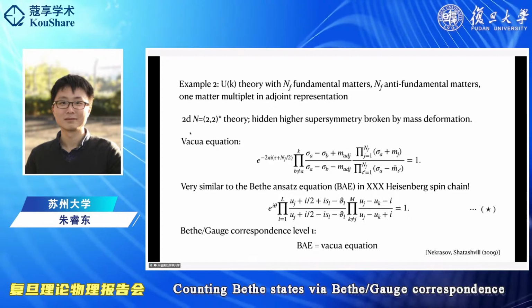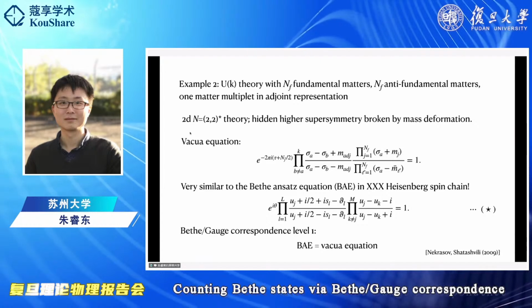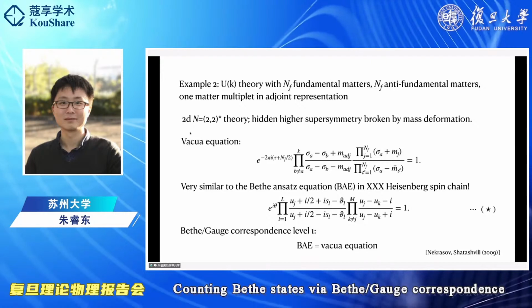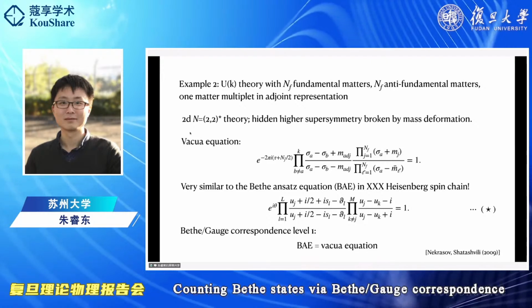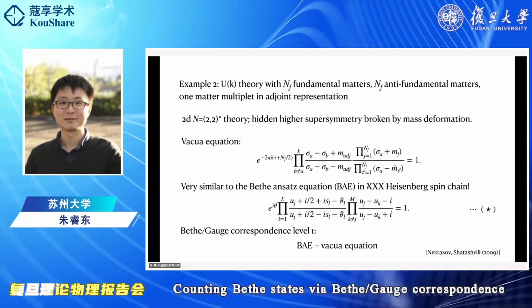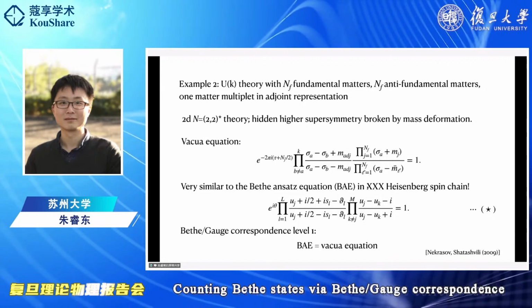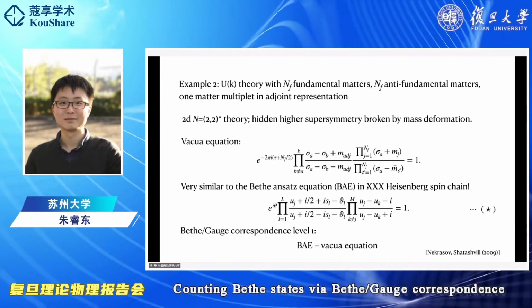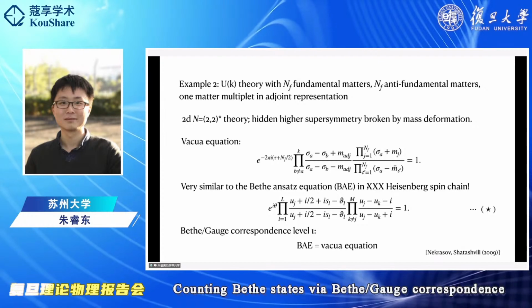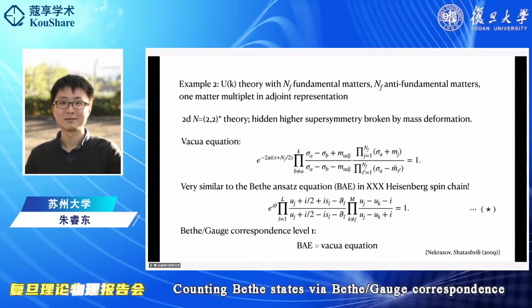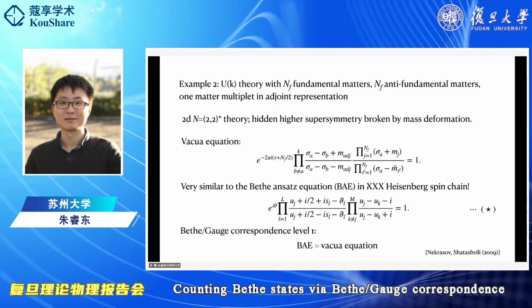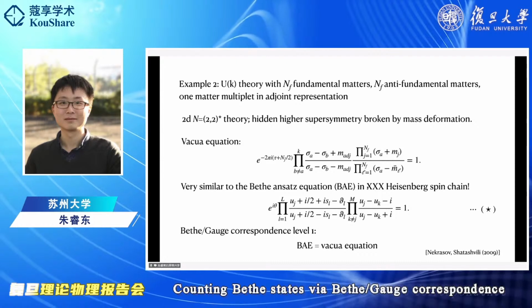If I turn off the mass, if I take the massless limit, this will be the so-called N=(4,4) theory. There's a higher symmetry, because the adjoint representation combined with the vector field forms a multiplet with higher supersymmetry, and the fundamental matter together with the anti-fundamental matter forms a bigger multiplet.